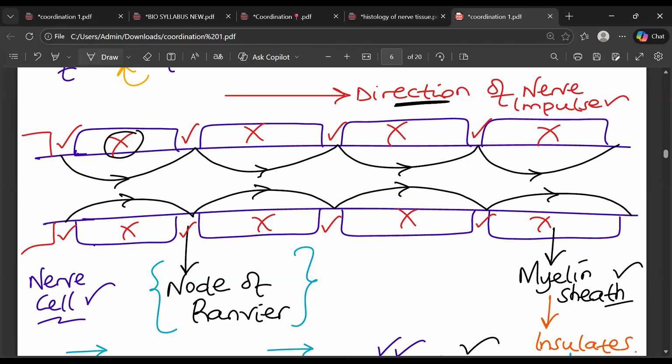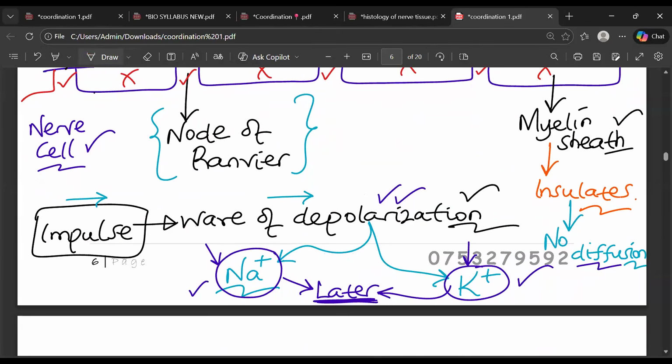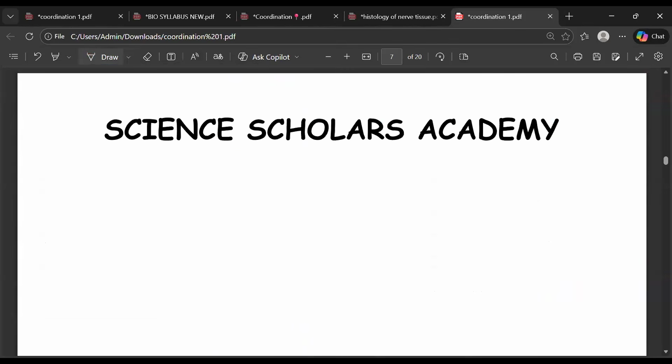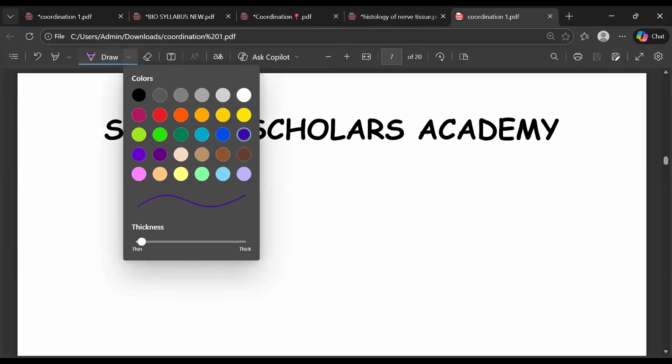I just wanted you to understand the jumping. So that jumping part is what they call saltatory conduction. When you read FA, there is a way FA brought it out. It communicated why they are called saltatory.